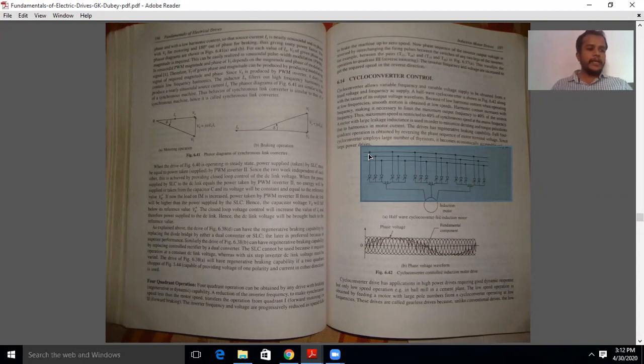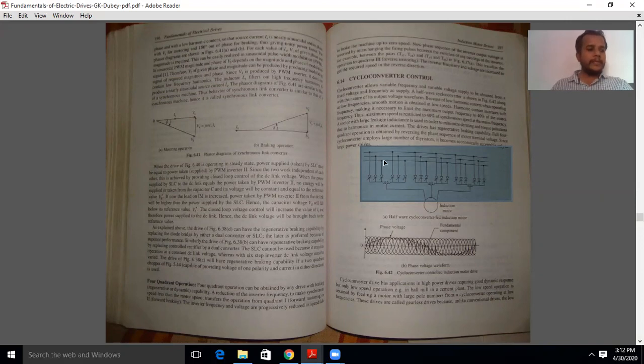Again, I have shown in this particular figure the three-phase cycloconverter is supplied with a three-phase supply, and the function of this cycloconverter is which converts mainly the fixed frequency power supply to the variable frequency power supply.